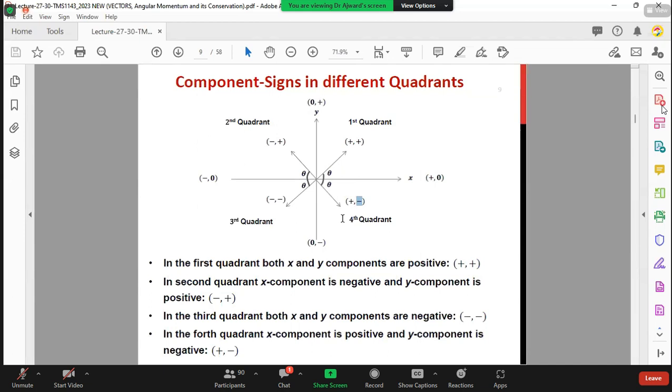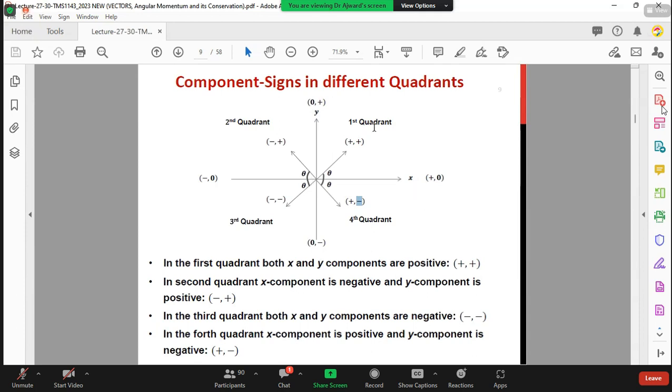Right? At the center, all components are zero at the origin. Right? Because this is the 0, 0 point of the xy coordinate system. All right, so that is just about the signs of the components.